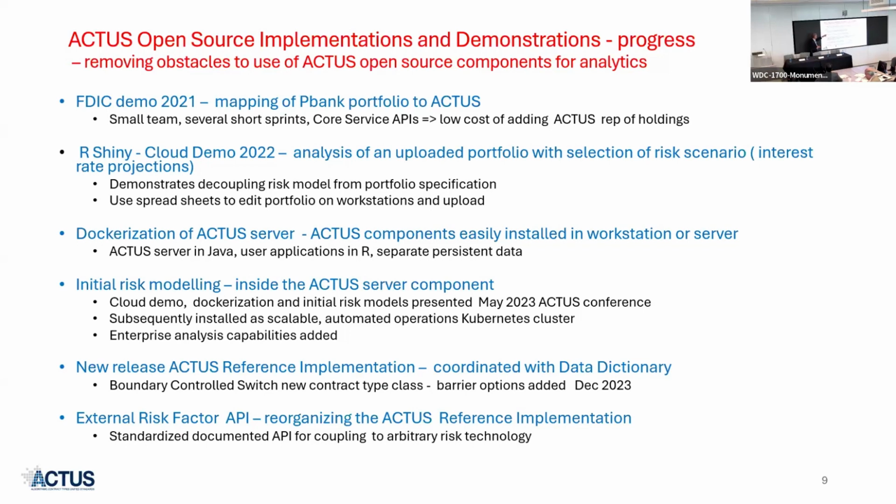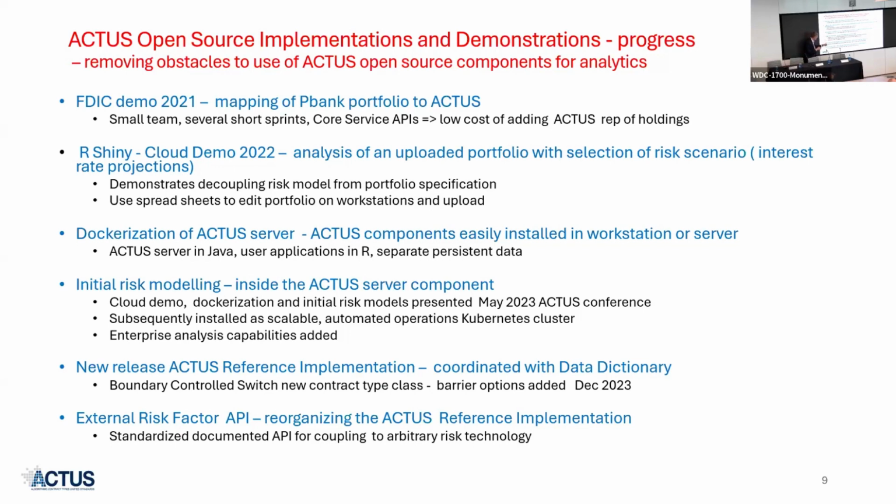We've Dockerized the ACTUS server so that you can have different versions of Java and you can easily install ACTUS component by component. The ACTUS server comes as one component, but user applications can be a separate component, and a persistent data store database can be a third component. We did some initial risk modeling, just showing how you do risk modeling, but that was with the risk model built inside the ACTUS component.